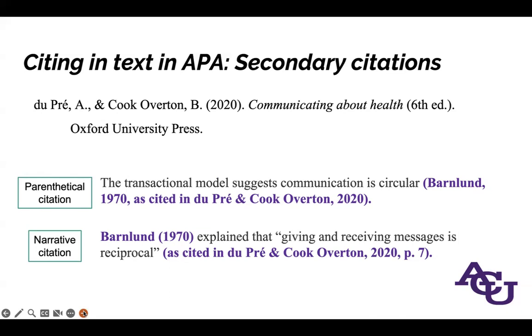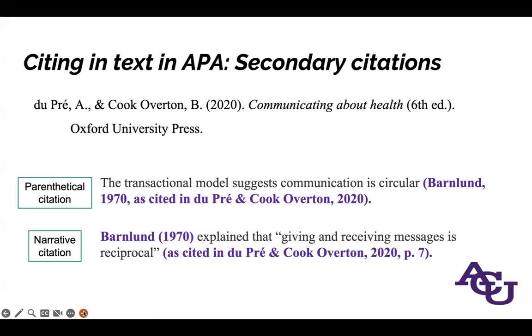You can also create a secondary citation by naming the original author in your sentence. So in my second example, I've got Barnland, comma, 1970 at the beginning of the sentence. And then I've put as cited in Dupre and Cook-Overton, comma, 2020, comma, page 7 at the end of the sentence. In this case, I've added the page number because I've directly quoted.